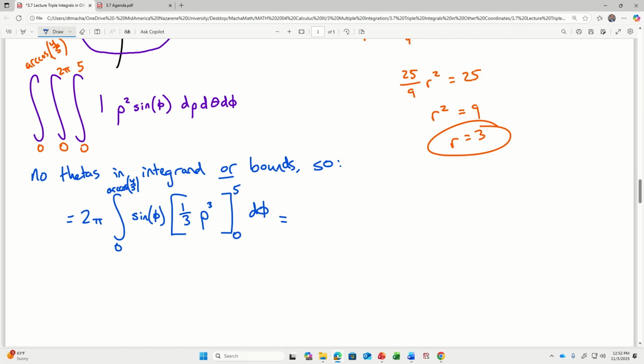So if I plug in the 0, I just get zeros. If I plug in the 5, I get 125 times 2 is 250 divided by 3 times pi times this.